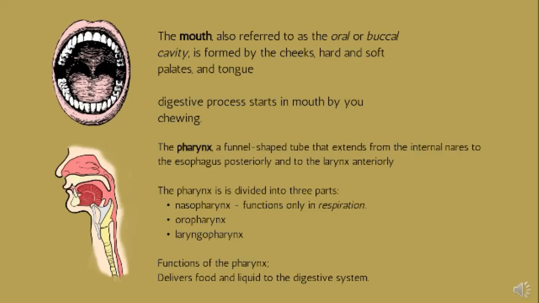When food is first swallowed, it passes from the mouth into the pharynx or throat, a funnel-shaped tube that extends from the internal nares to the esophagus posteriorly and to the larynx anteriorly.